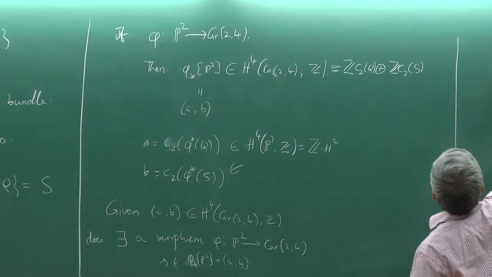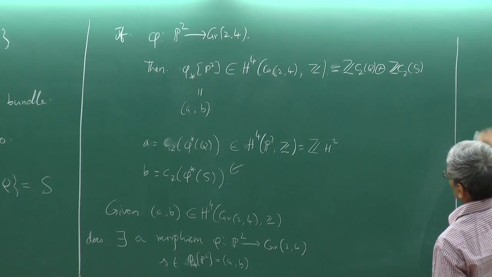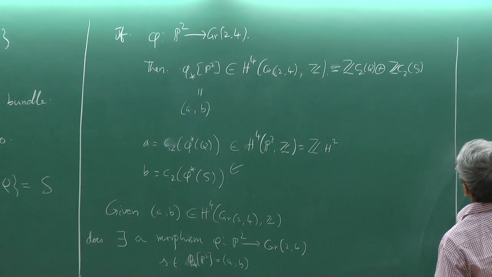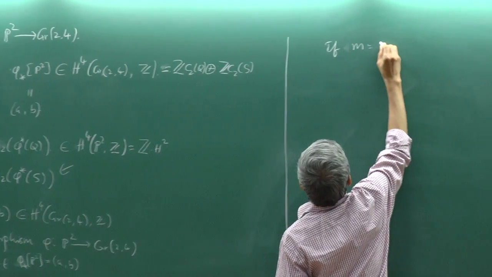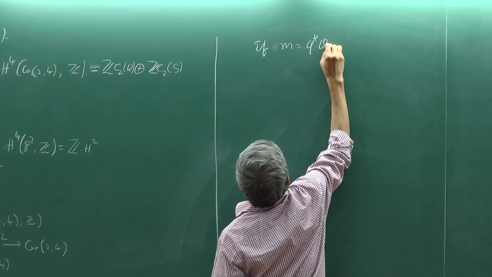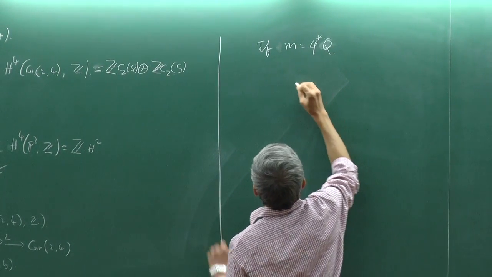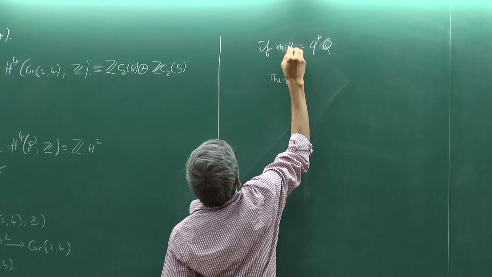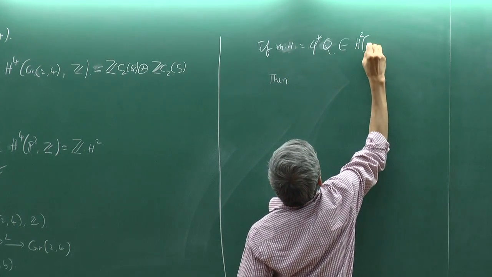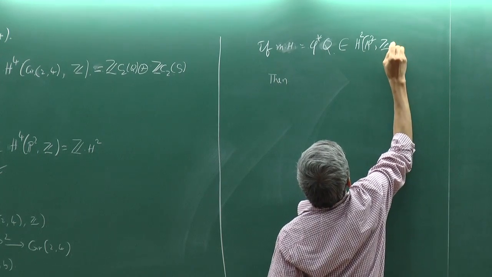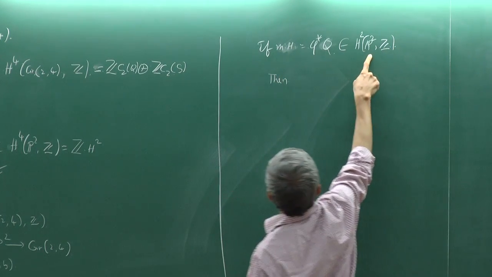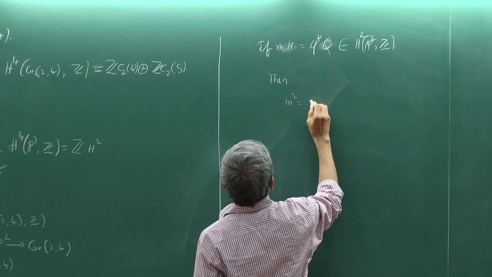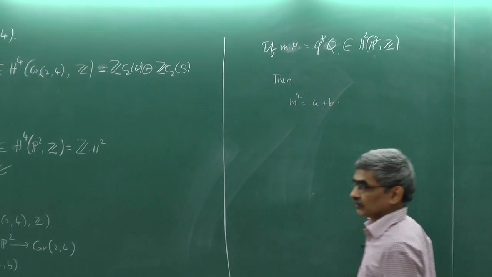That is, if M is equal to phi star of Q, meaning M times H, so this is a class in H2 of P2 of Z, where H is the ample generator, then you'll see that M squared should satisfy this A plus B. So it has to satisfy this condition.